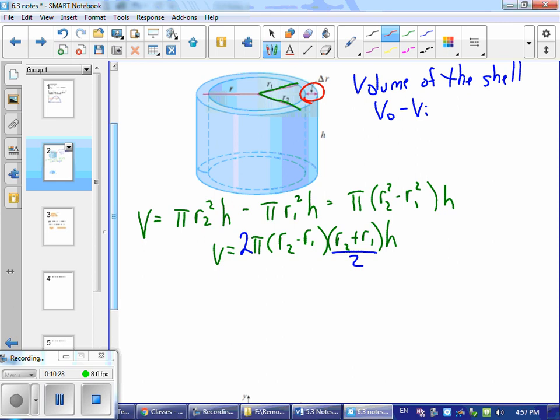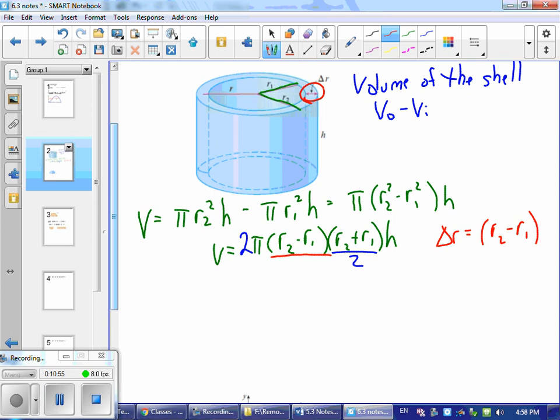Well, I actually have something here that indicates the change of the radii. In my formula, R2 minus R1 is the change of the radii, right? The outside radius minus the inside radius. That's the change of the radii. So delta R is going to be the same as R2 minus R1.